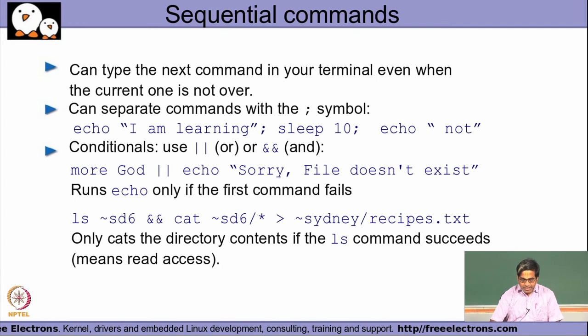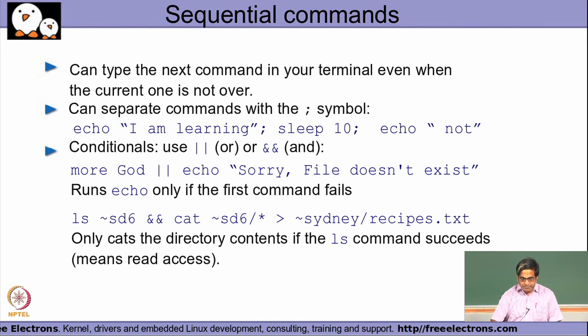On the other hand, when we say we want to use the AND operator, the second command will be run only if the previous one has been successful, because like we were seeing the truth table of the OR condition, for the AND condition the truth table means that the whole value is true only if the resultant sub expressions are true.